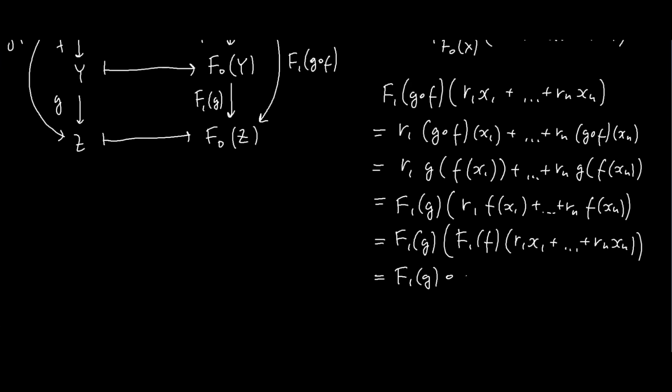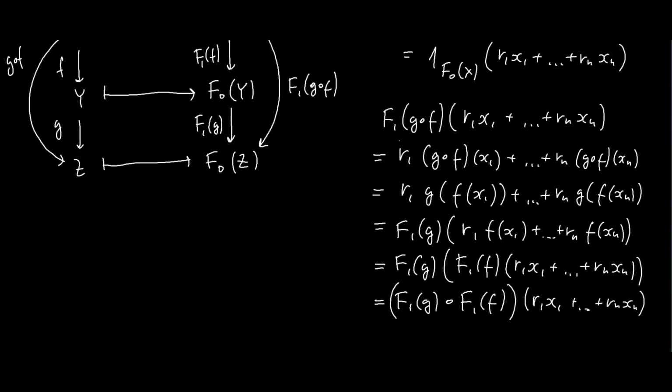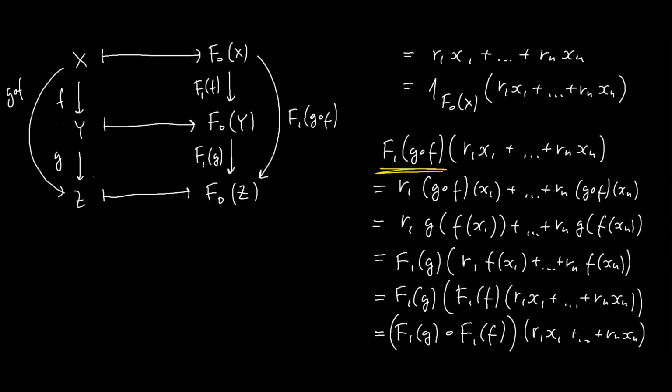This is the composite of F1 of G with F1 of F applied to the linear combination. And that's what we wanted, because we wanted to prove that these two are equal. Remember, we wanted to prove that if I compose first and then apply the functor, it's the same as applying the functor first and then composing. So I wanted to prove this is equal to that.